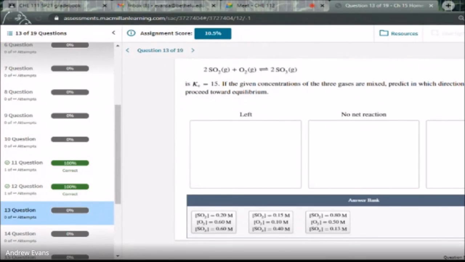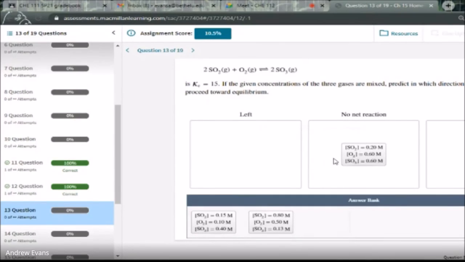What you have to do is set up your Q, which is SO3 squared over SO2 squared times O2, and find its value. So 0.6 squared divided by 0.6 squared times 0.2 would give us 15. In this first situation, Q equals K, so the reaction is at equilibrium.